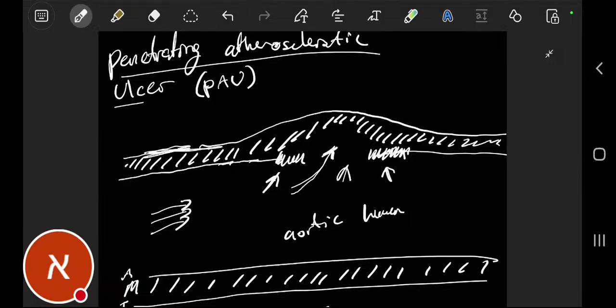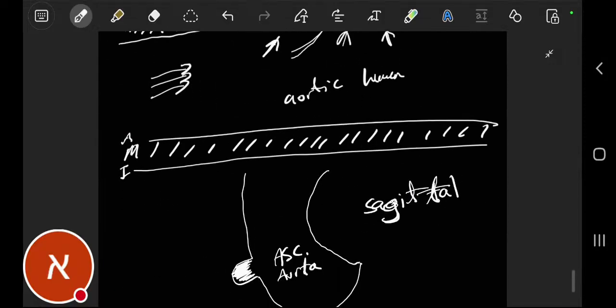Okay, anyway, on imaging, you see how it looks. It looks like a pouch or outpouching from the aortic lumen, a contrast-filled outpouching beyond the expected contour of the aortic wall.